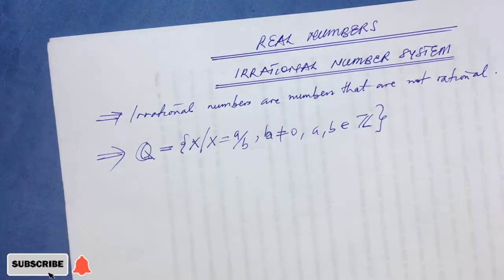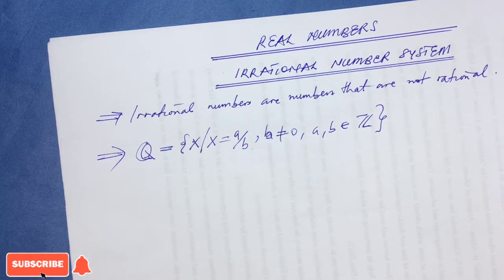So the rational number system is a system containing numbers that can be expressed as a ratio of two integers, such that the denominator must not be 0.